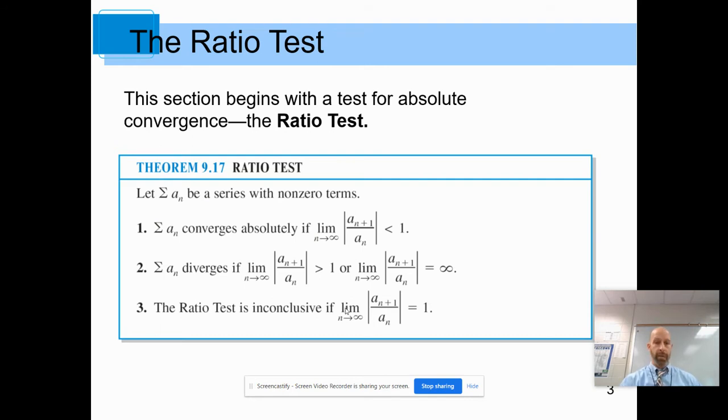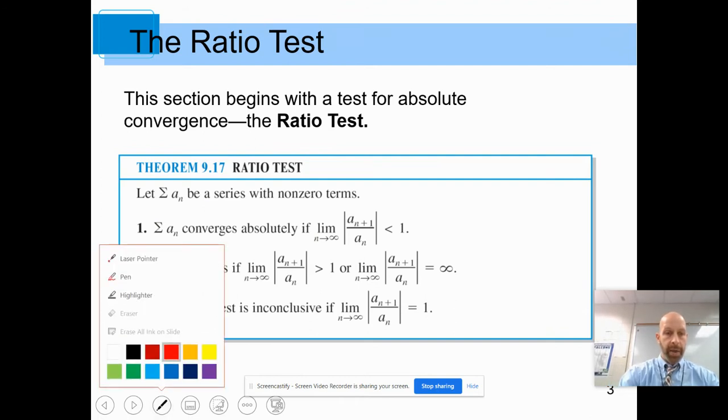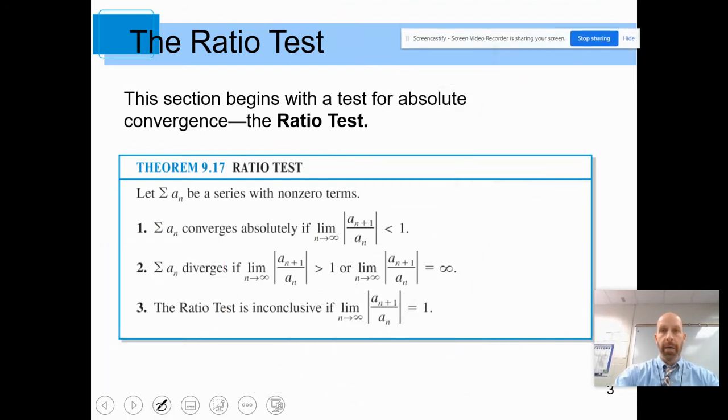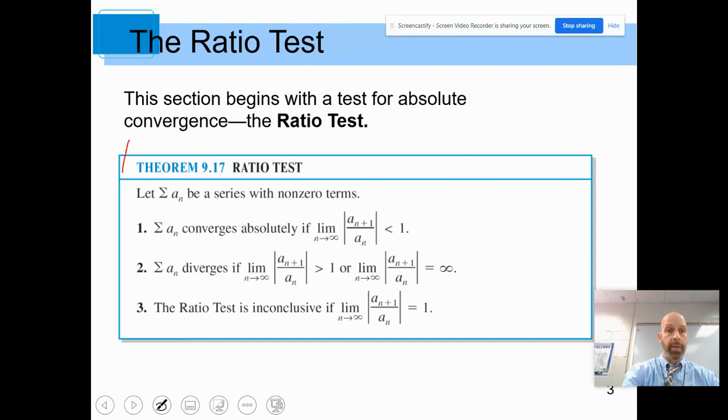If you're keeping track at home, the slide here is an important one. This is called the ratio test, and ratio means fraction. Here's what you need to know. As long as the series has non-zero terms, then the series will converge absolutely if the limit as n goes to infinity of the absolute value of a sub n plus 1 divided by a sub n is less than 1.